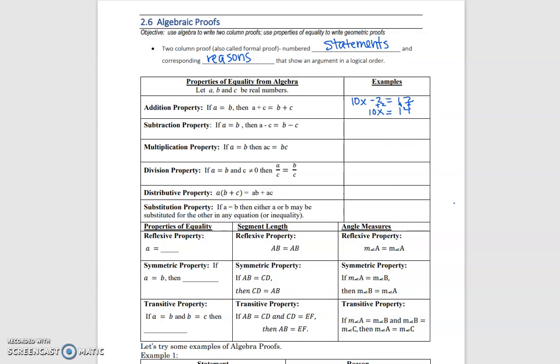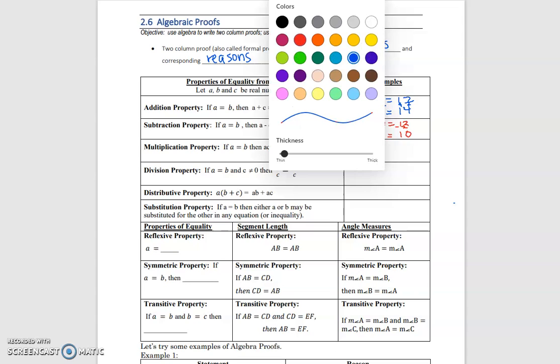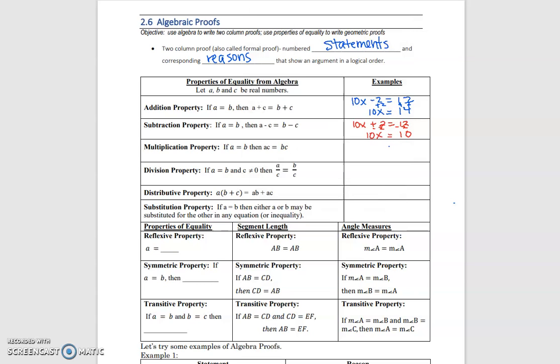So for subtraction, it looks very, very similar. Let's say I had my 10x plus 2 equals 12. Then I would have 10x equals 10 because I would subtract my 2 from both sides. And if I had multiplication, that means I would have something like b over 3 is equal to 6.